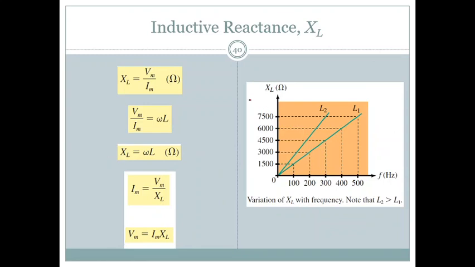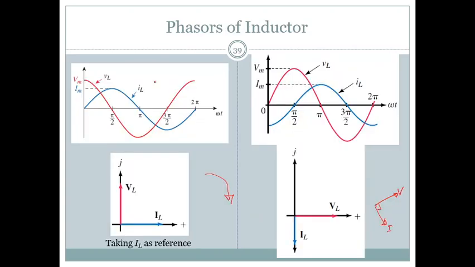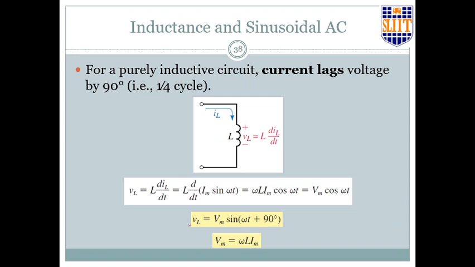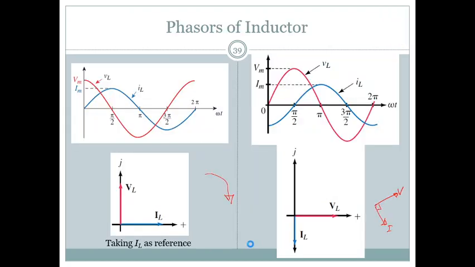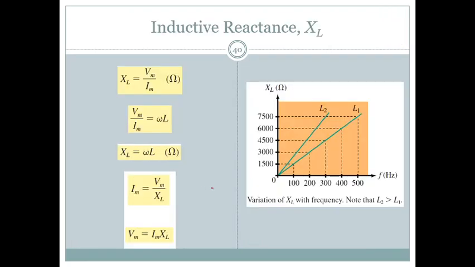So the relationship between inductance and inductive reactance, XL. XL is what we define as Vm over Im. We have got the relationship for Vm and Im in here. So Vm over Im is omega L. So XL is omega L. So this is like the relationship V is equal to IR.